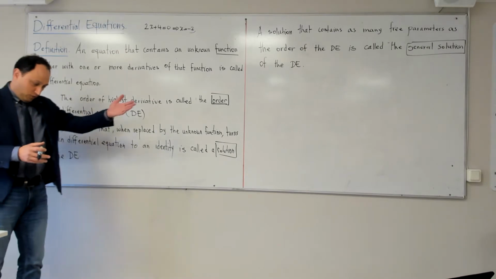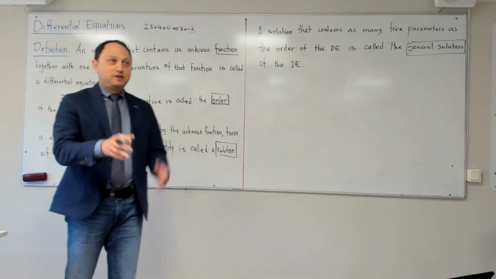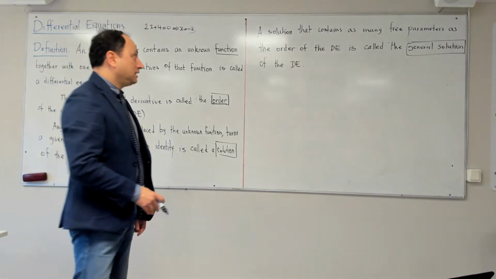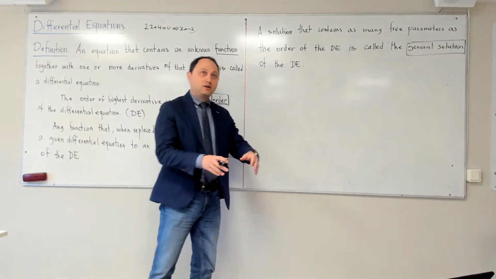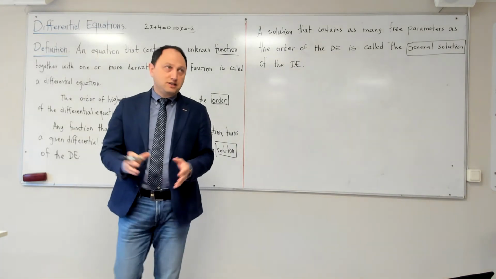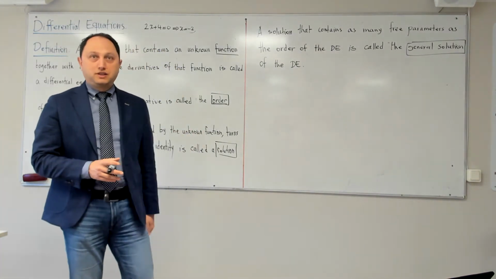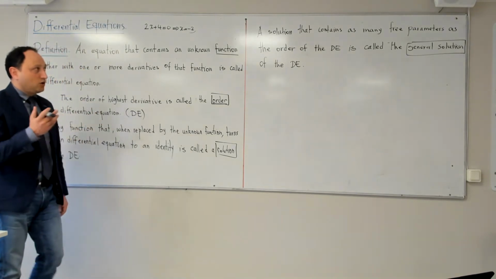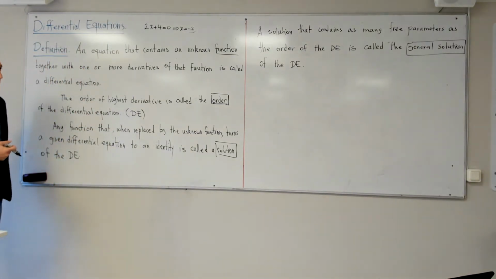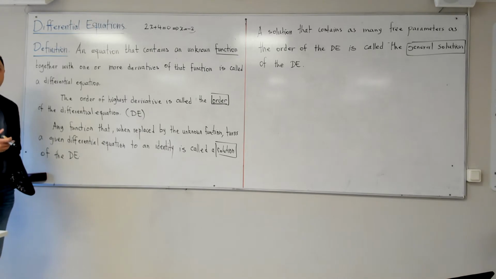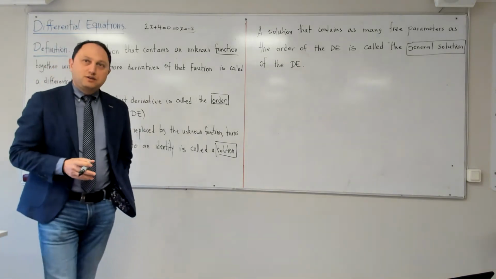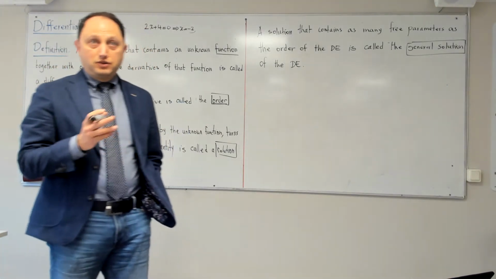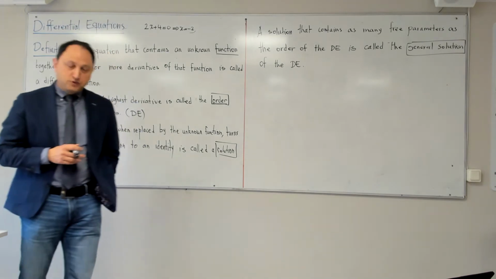In philosophy, probably we cannot predict what happens even if we have all the circumstances right now. But in science, for example physics, if we know the state of the system right now, and if we know the rule governing the system, then probably we will be able to predict the future of the system. And that is the whole strength of the new way of dealing with science. And most of the time, whenever you want to predict the future, it turns out that you have to solve a differential equation. So this is why it's extremely important.